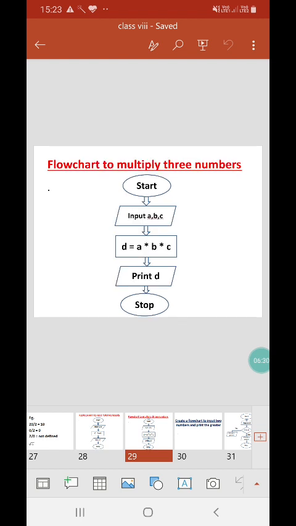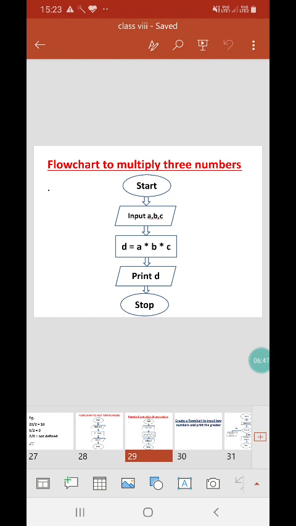Now coming to the next example, this is the flowchart to multiply three numbers, and again I am starting the program with that symbol, then arrow marks denote inputting the number.